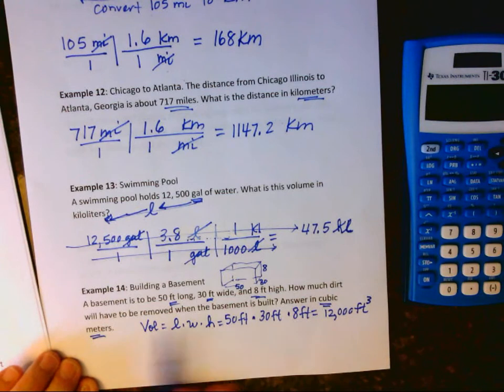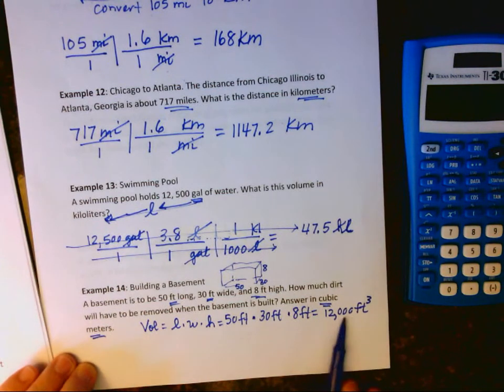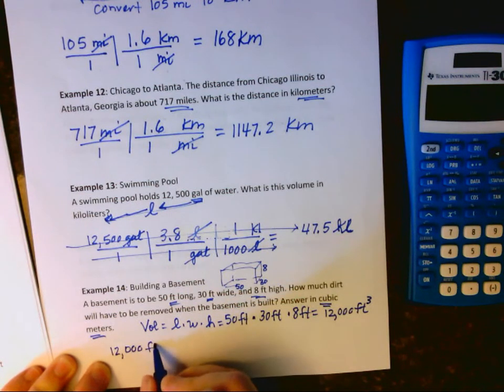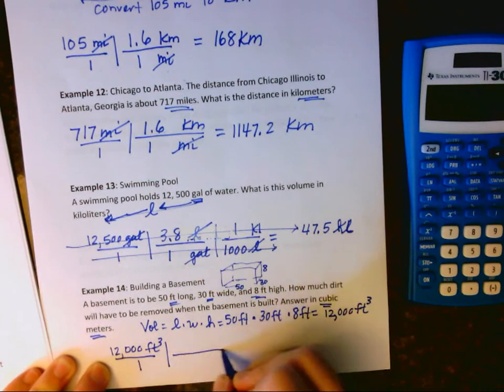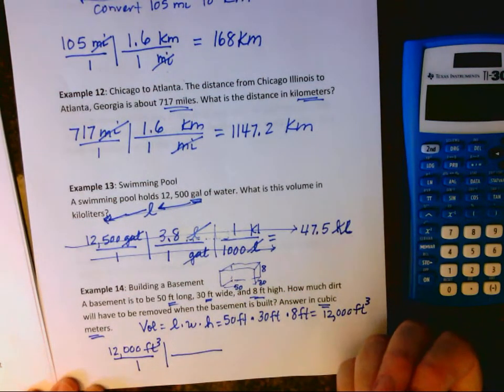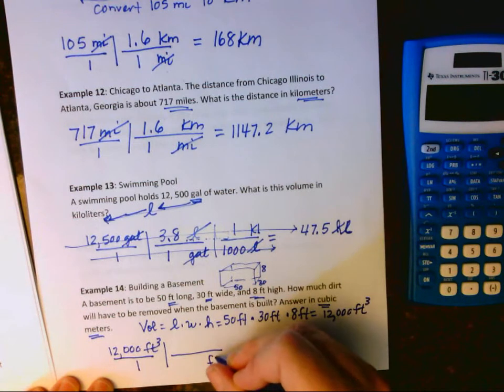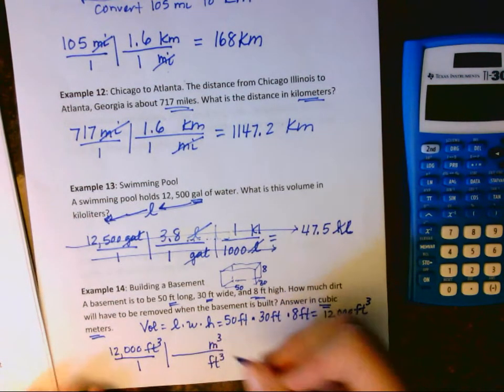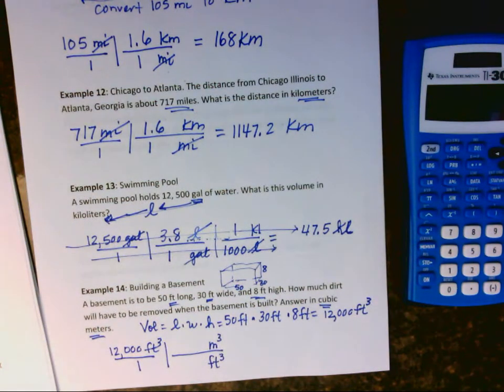Now they want us to change it to cubic meters. It's easier to do the volume and then change the whole volume. So let's take the 12,000 cubic feet volume of this basement and place it over 1 as the given. Again, you don't need those lines, but I like them. And we're going from cubic feet to cubic meters. I do think that equivalence was given to us.